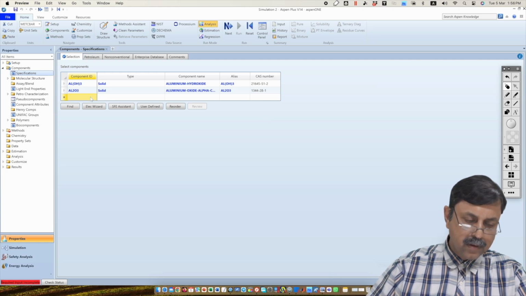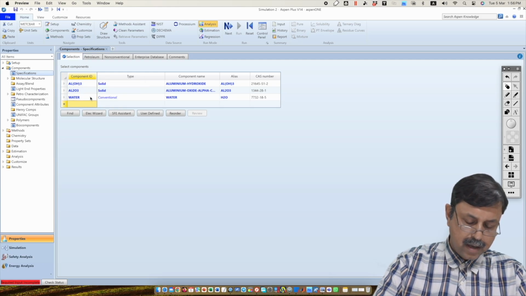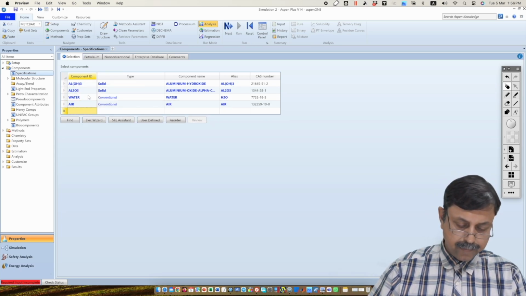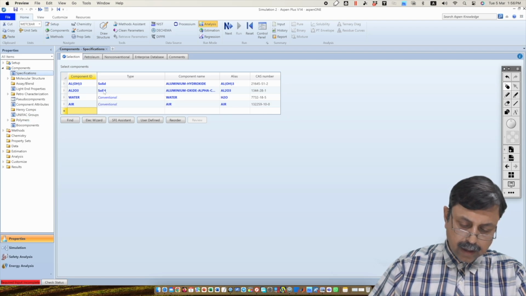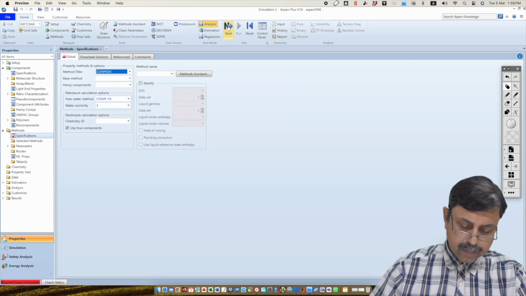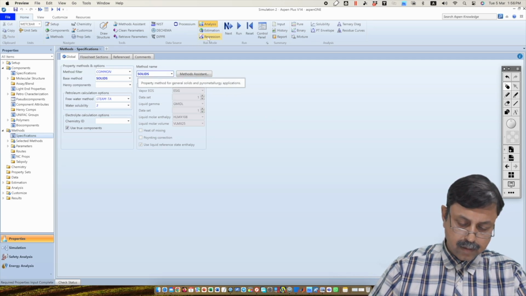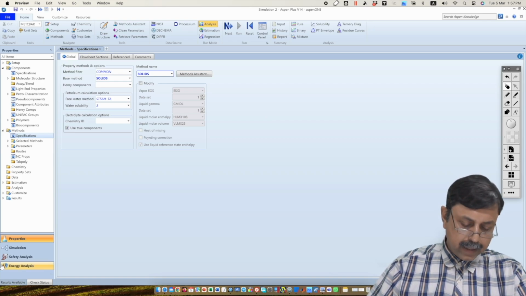Then we have water and we have air. So these are the four components that we have. And we will choose the solids model. Okay, so property analysis is done.